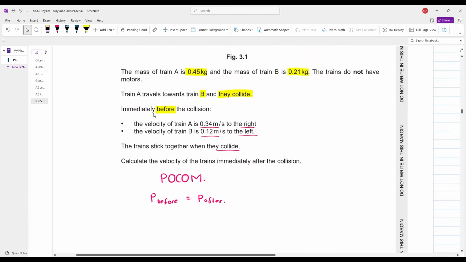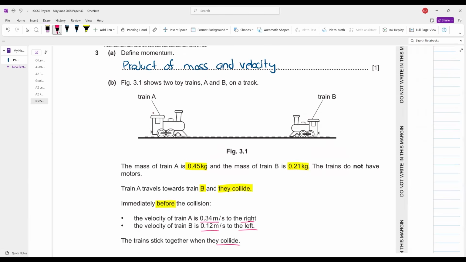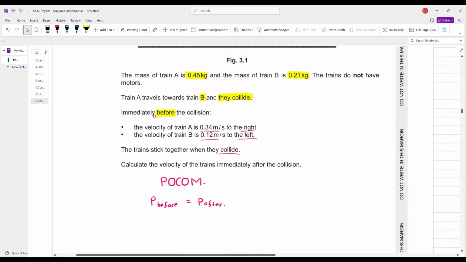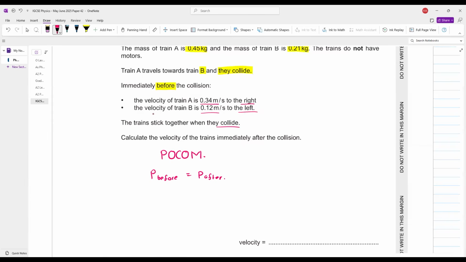What will be the total momentum before collision? Train A is traveling with a velocity of 0.34 meters per second. Train B is traveling with a velocity of 0.12 meters per second.